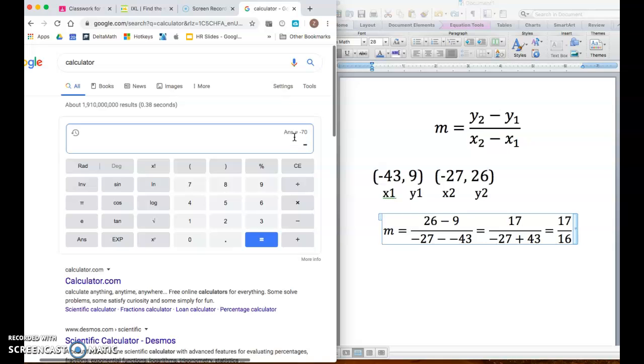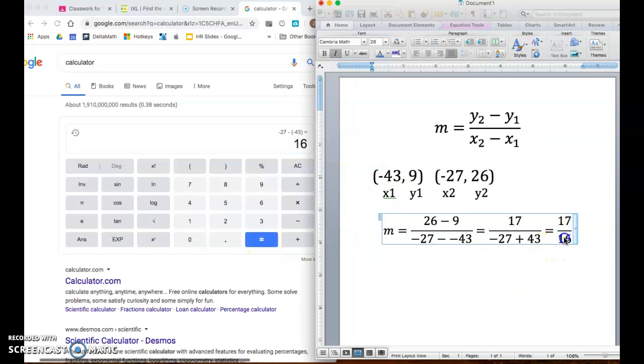Give me a second. All right. Google has to have a negative button here somewhere. Let's try this. Negative 27 minus parentheses negative 43. 16. That's what I got here.